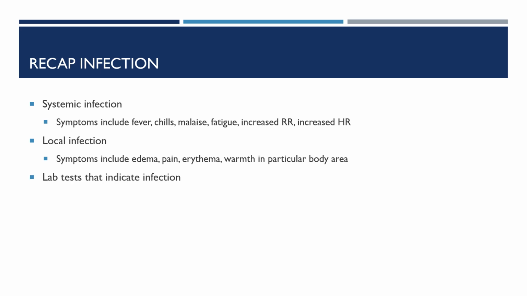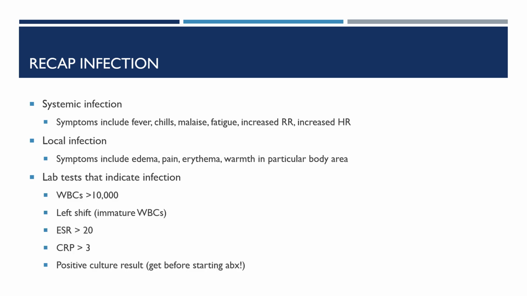What lab tests could indicate infection as well? You have your white blood cell count. You have your immature white blood cell count, so the left shift. The ESR, erythrocyte sedimentation rate, is a non-specific measure of inflammation. You have your CRP, C-reactive protein.